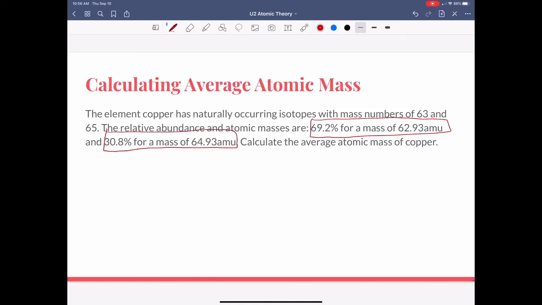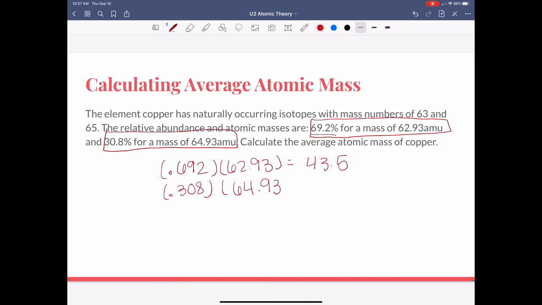So step 1, multiply the decimal percent. So let's look at our first one. We've got 0.692 times the mass of 62.93. And that would give us 43.5 using our correct sig figs. 3 sig figs present, so our answer can be in 3. All right, so then multiplying the decimal percent of our second isotope, which would be 0.308 times 64.93.